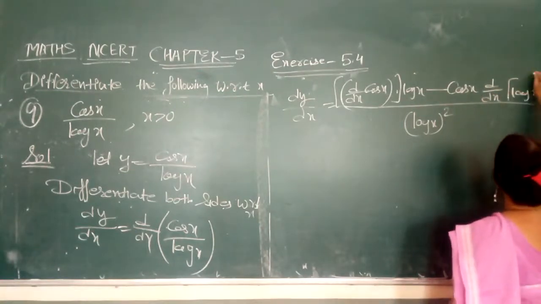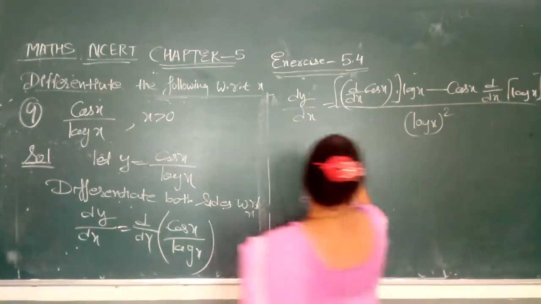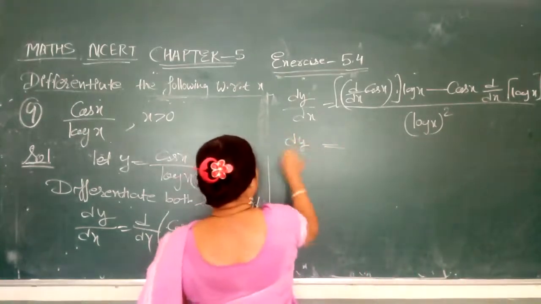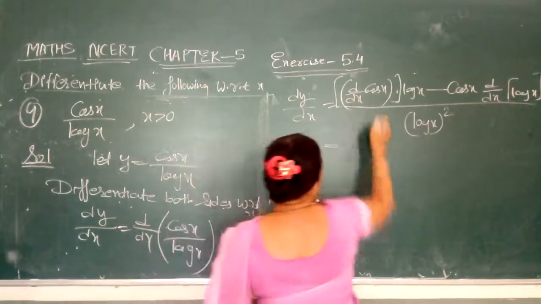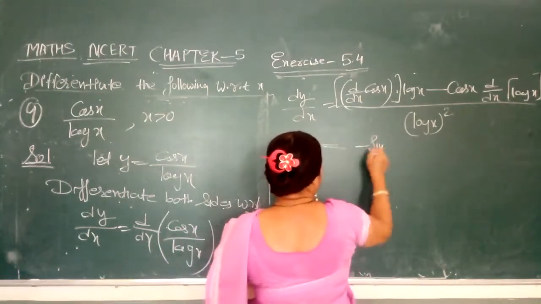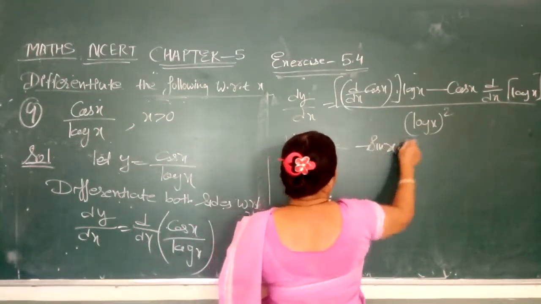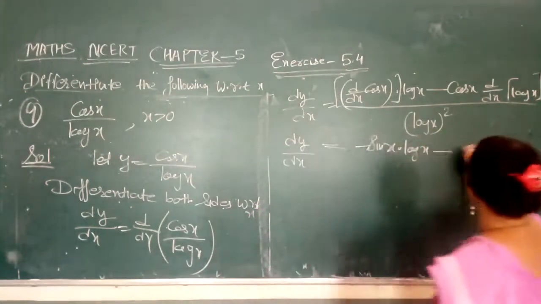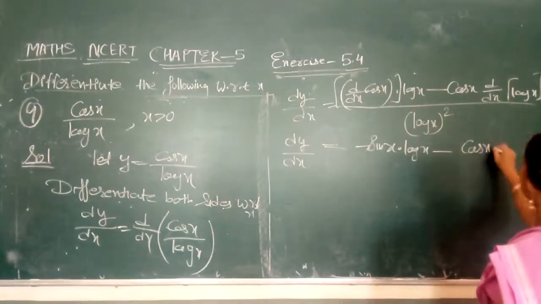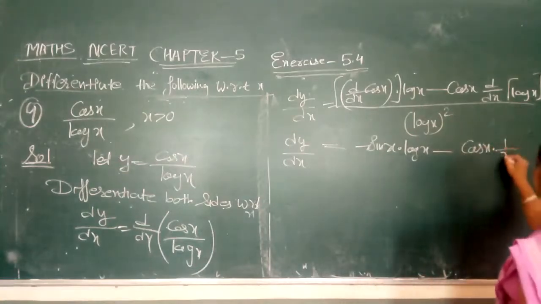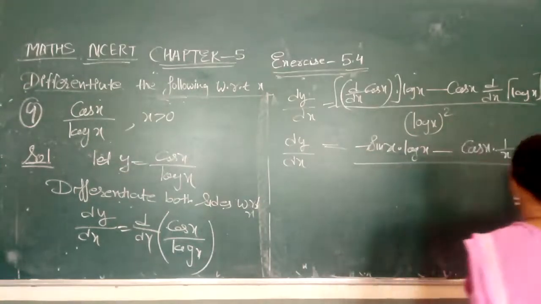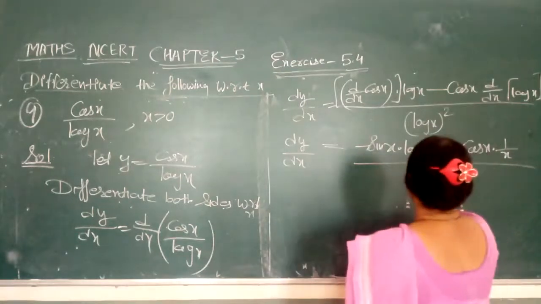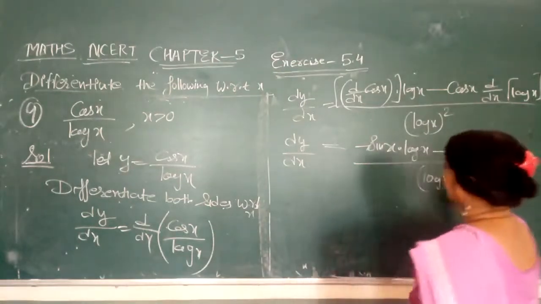The derivative of cos x is minus sin x, this one, minus sin x into log x, minus cos x as it is. What is the derivative of log x? That is 1 by x, whole divided by log x whole square.